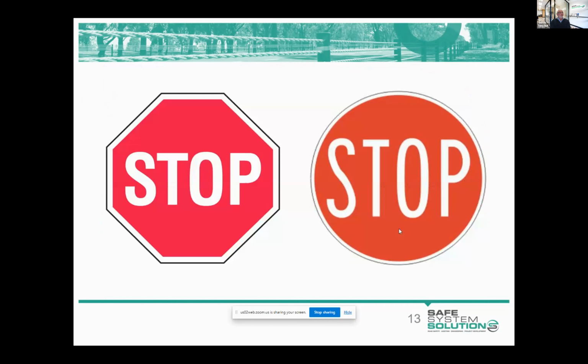Very quickly, we're getting close to my time being up, but apart from shape, can anybody tell me what the difference between those two stop signs are? I know the colours are a little bit off, but is there any?